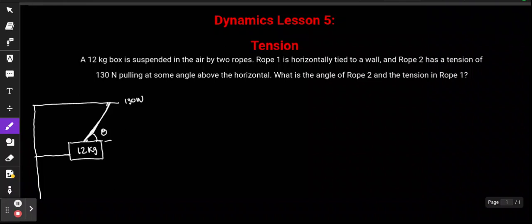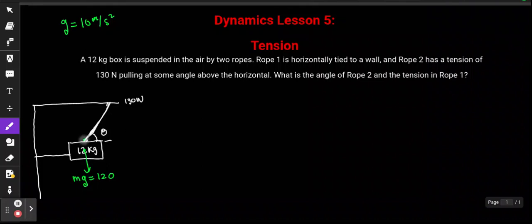Okay, so I took the time to draw a picture for this word problem because it is a little bit harder to visualize. So all we have to do is draw a free body diagram. So first we know that there is the gravitational force mg acting on the block, and once again I'm going to use g as 10 meters per second squared because it's just easier to calculate with. And this gives us an mg of 120 newtons.